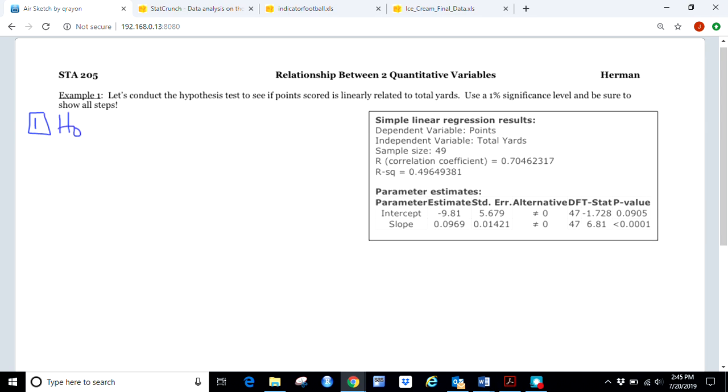As with every hypothesis test we do, we're going to do the same 5 steps. So we're going to start with our null and alternative hypothesis. Our null hypothesis is that our y, which is points scored, is not linearly related to total yardage.